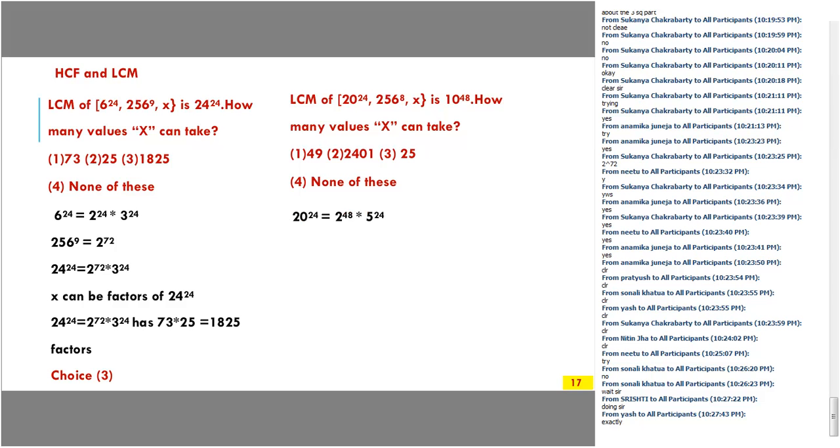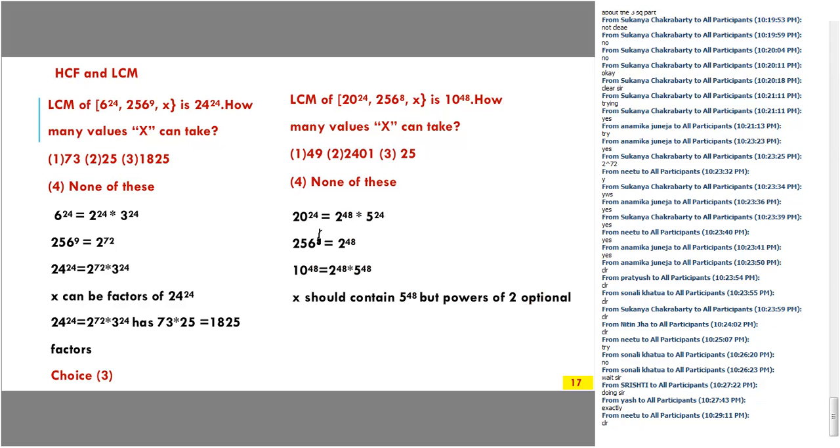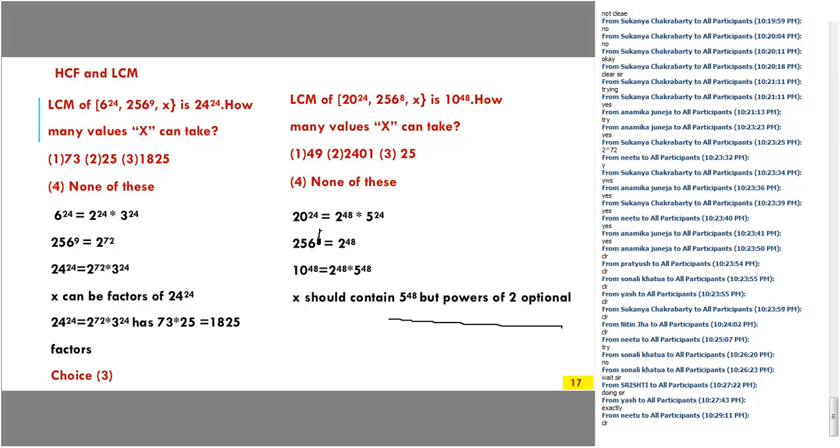So it should be 256 power 6. So X should contain 5 power 48 and powers of 2 is optional. Sorry for the error. Now it's clear?